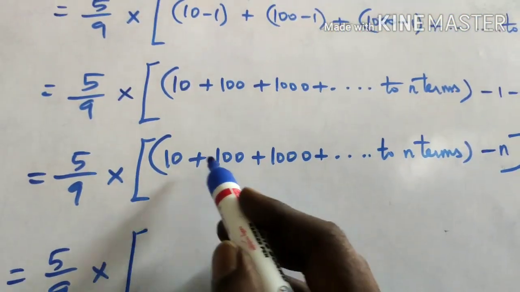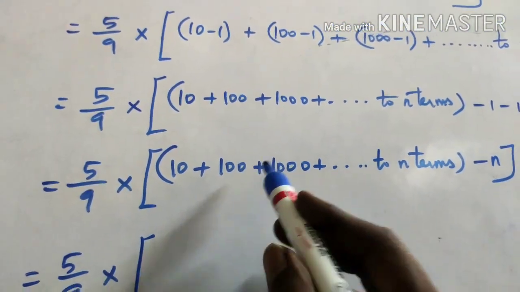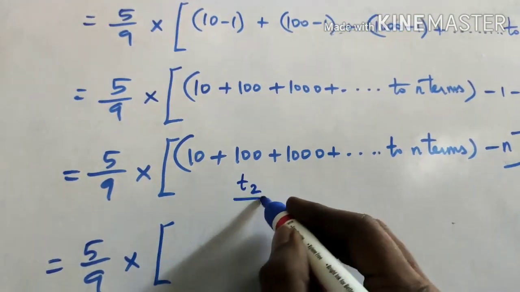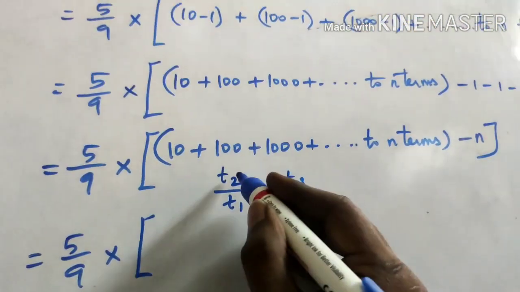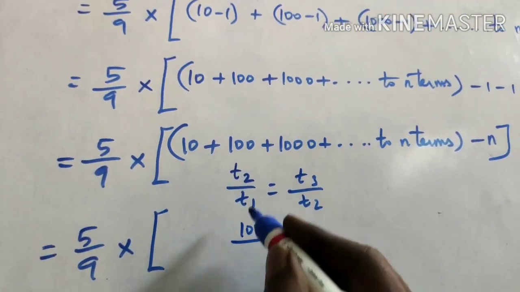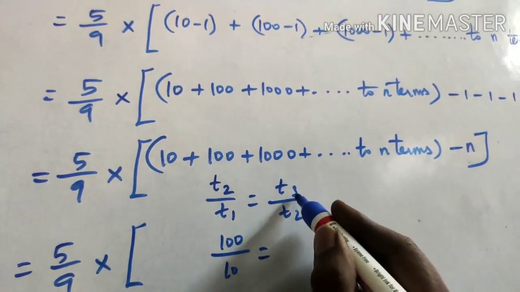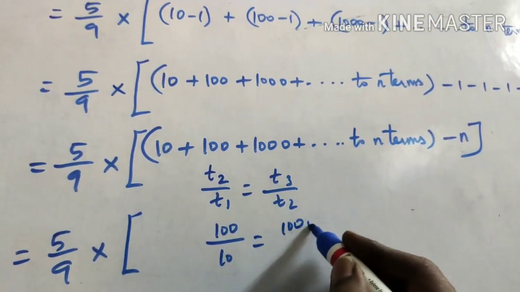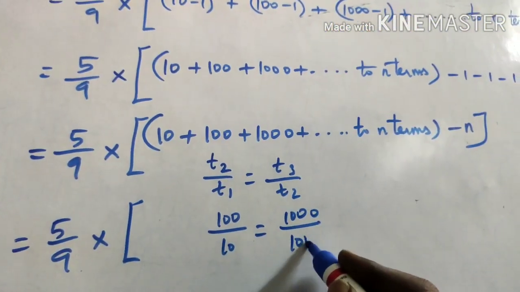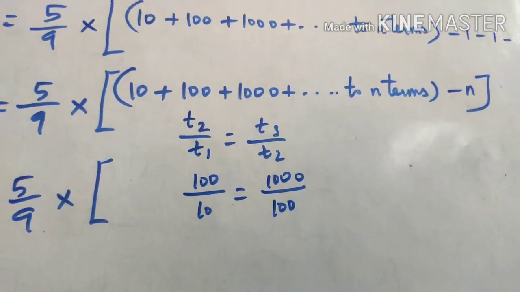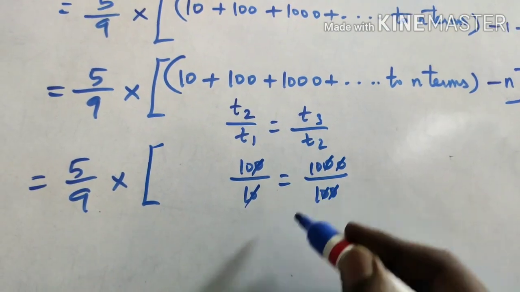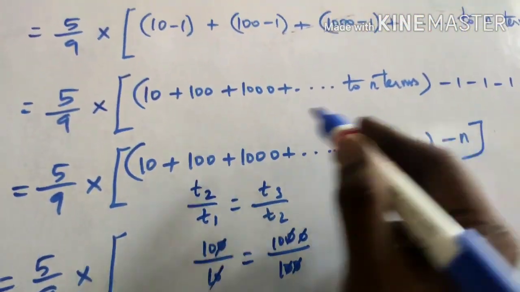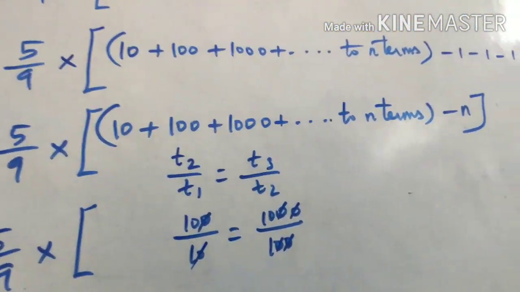T2 by T1 is equal to T3 by T2. What is T2? 100. 100 by 10 equal to T3 by T2, T3 is 1000, 1000 by 100. If you cancel, you get 10. So 10 equal to 10. So it is GP. Clear?